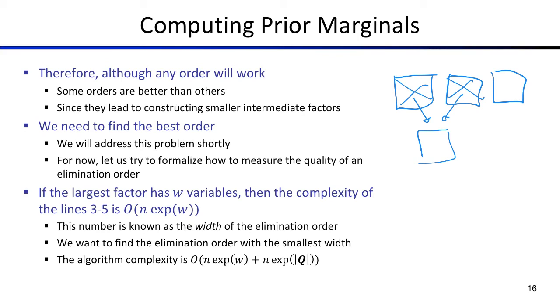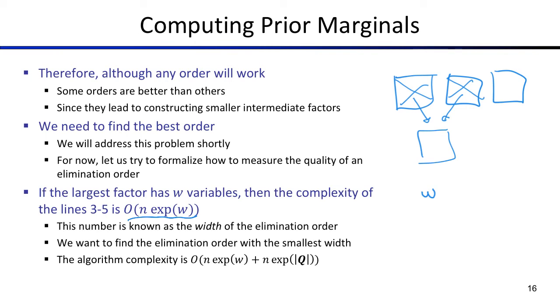So we can think that if this largest factor has w variables, the complexity will be n times an exponential in w, right? Because we have w variables, but the number of entries in the table will be an exponential in w, so it will be n times exponential in w.